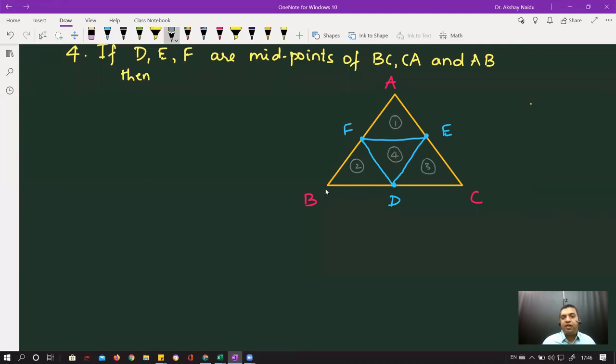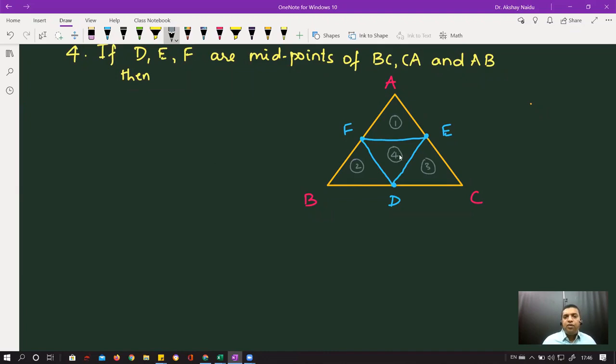AF by AB will be equal to EF by BC. By similar triangles property, you will get that if this is half the length of AB, this will be half the length of BC. So DE will be half the length of AB, and DF will be half the length of AC. So it will be like that. Okay.